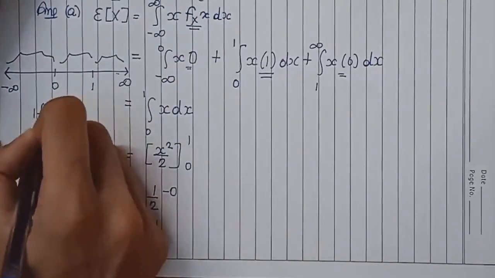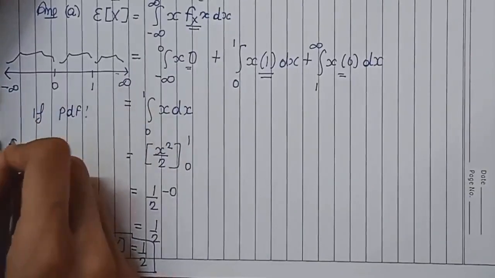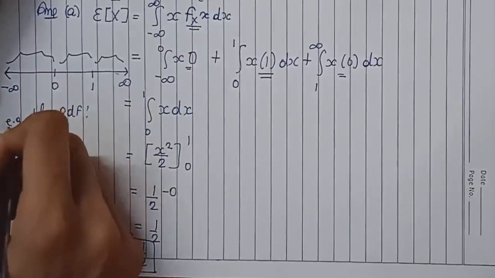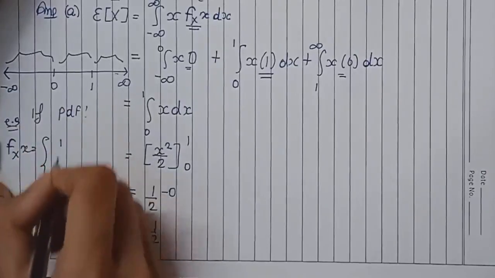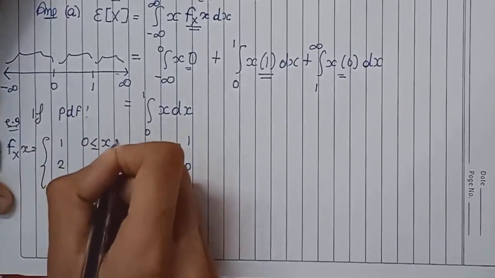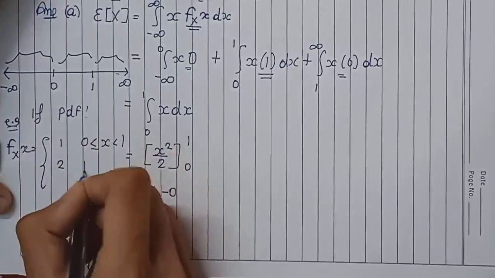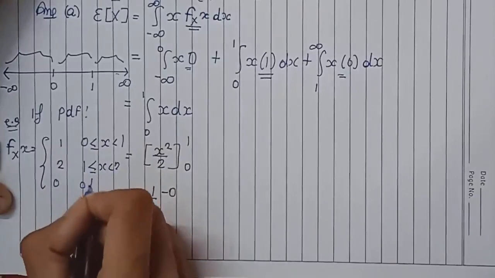If the PDF table is like this, for example, let's say it is 1 to 1 in the range 0 to 1, 2 in the range 1 to 2, and 0 otherwise.